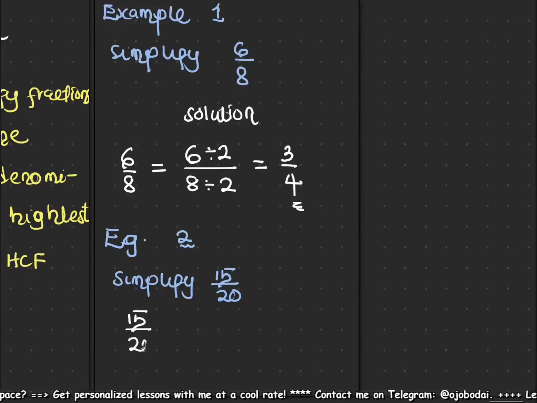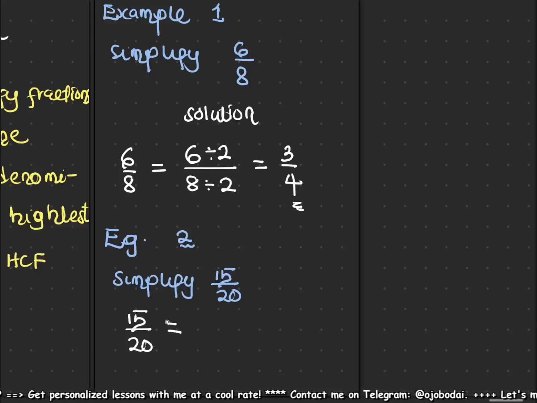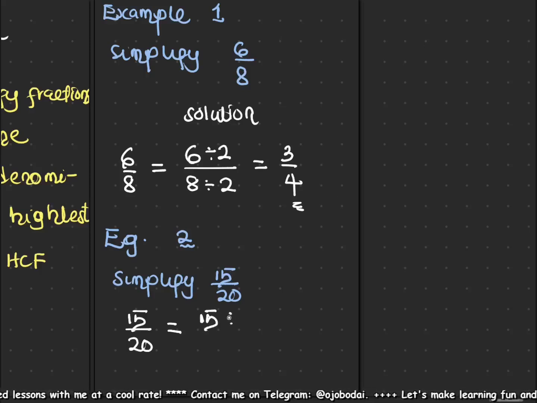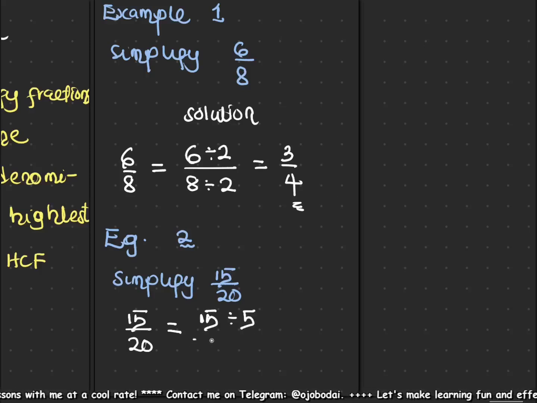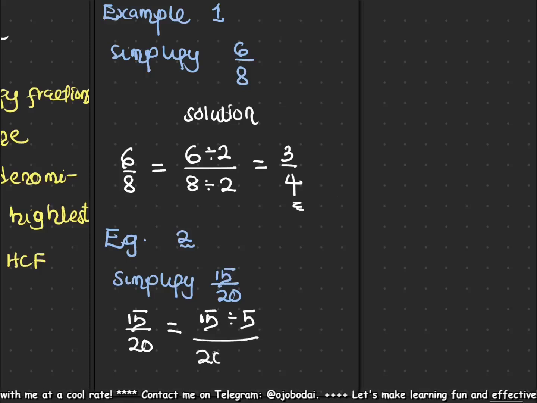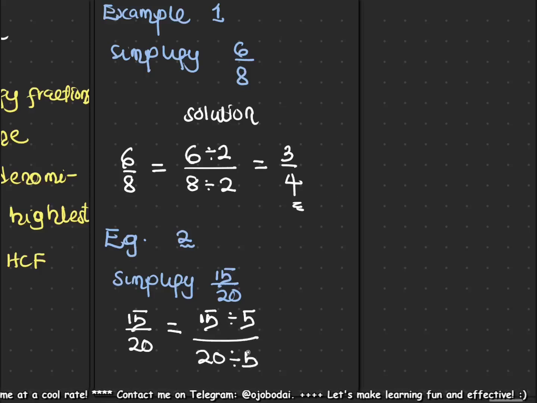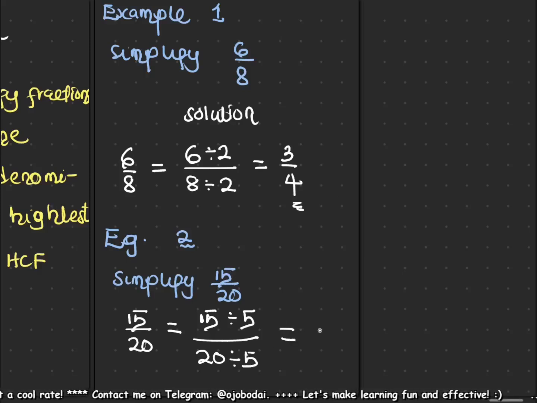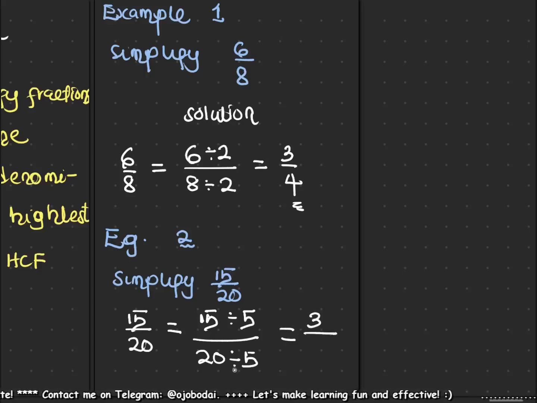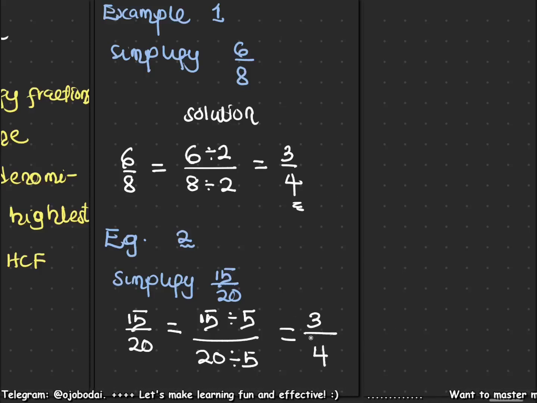The highest number that can divide both 15 and 20 is 5. So we divide 15 by 5 and also divide 20 by 5. 15 divided by 5 gives us 3, whilst 20 divided by 5 gives us 4. So our answer is 3 over 4.